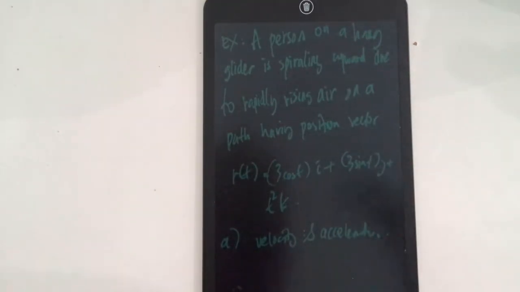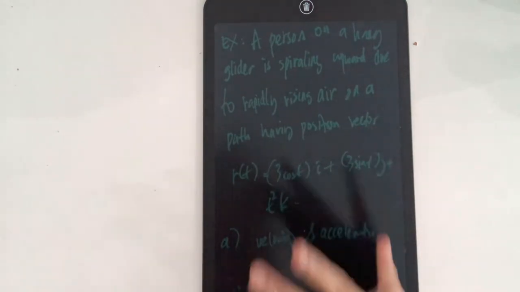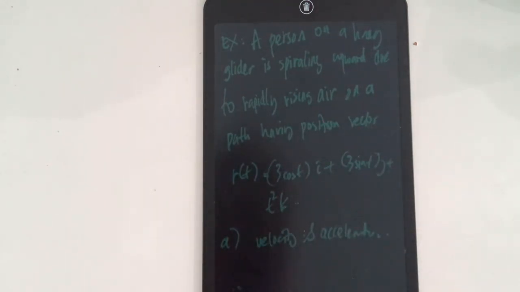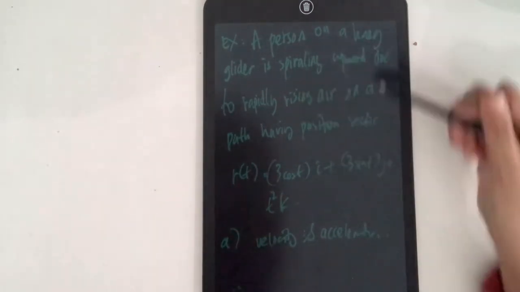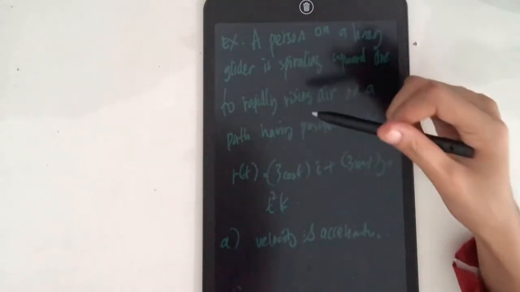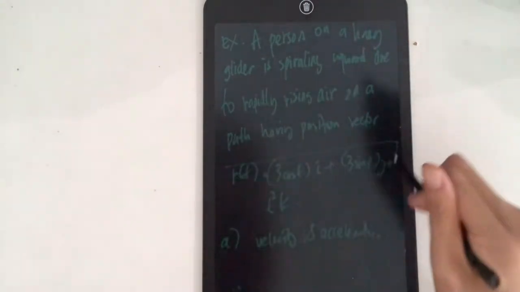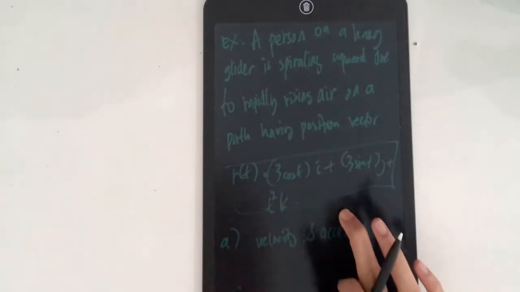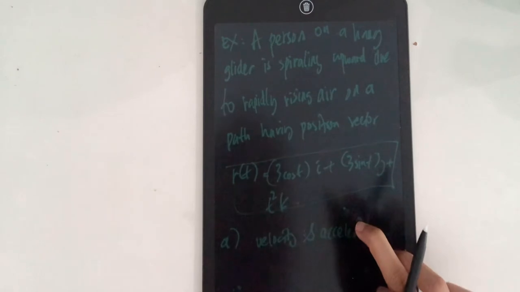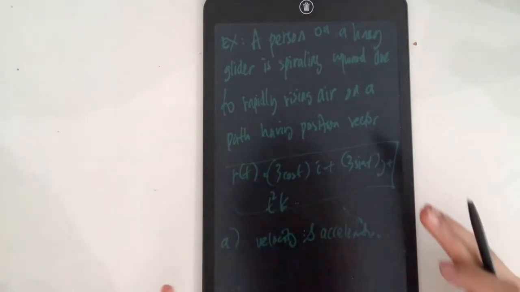They just want to make this situation relate to the mathematics. There are no numbers here, so it's just a situation. The point here is this is your equation, this is your vector function. So you just look at your vector function.